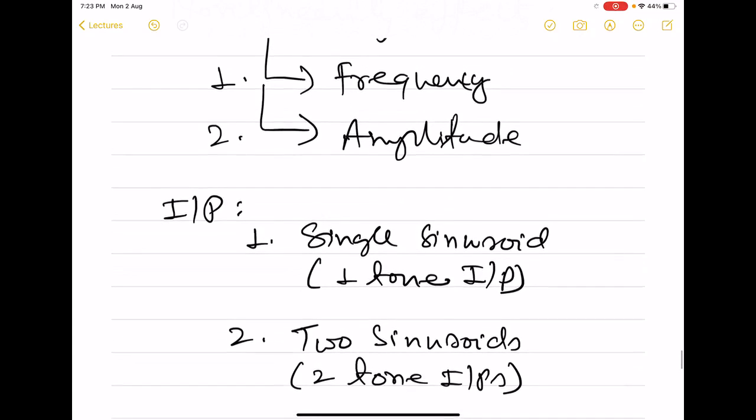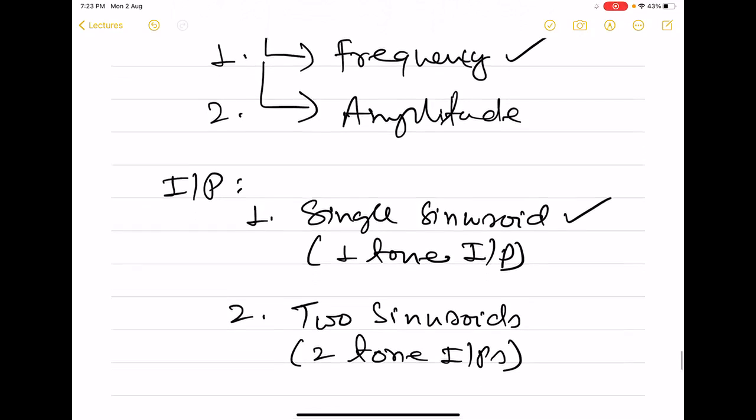So first we will study the effect on the frequency of the output for the single sinusoid case.